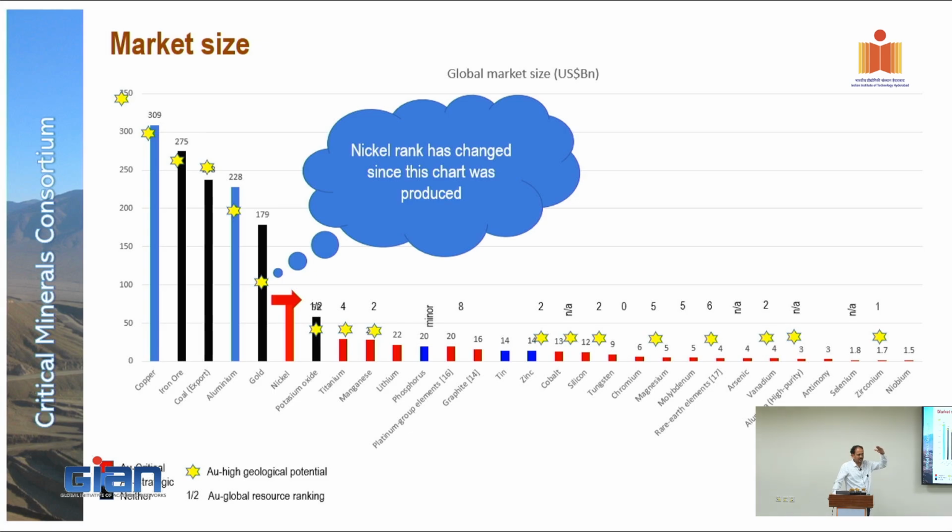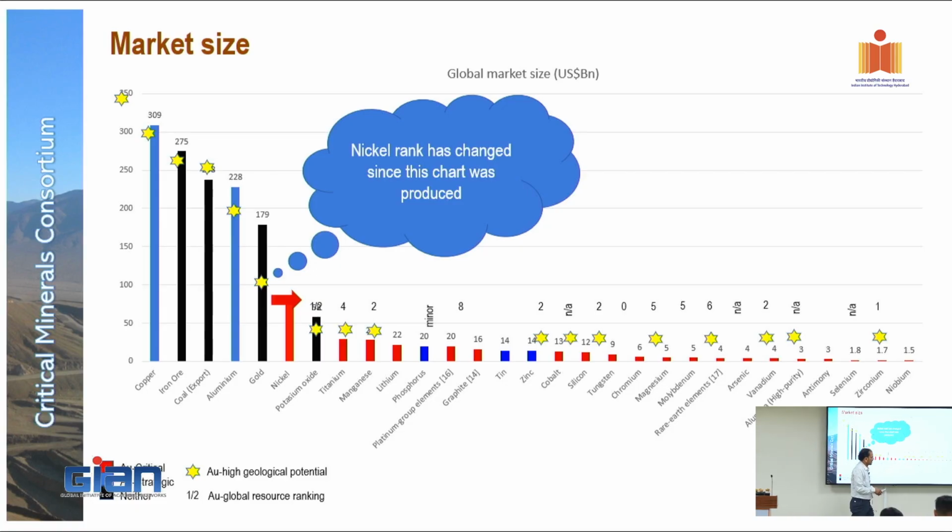Big drop, huge drop. And BHP has a subsidiary called Nickel West, which produces nickel. So we are talking of BHP.